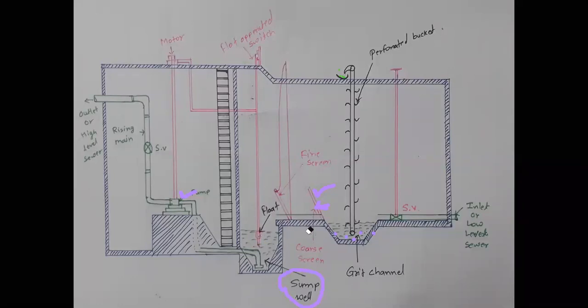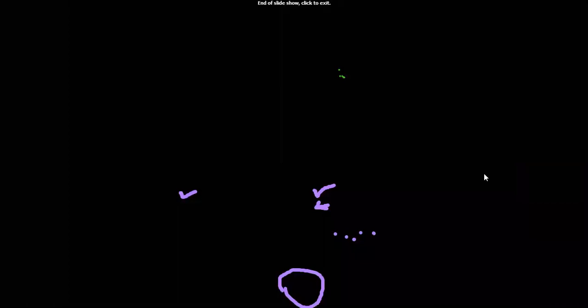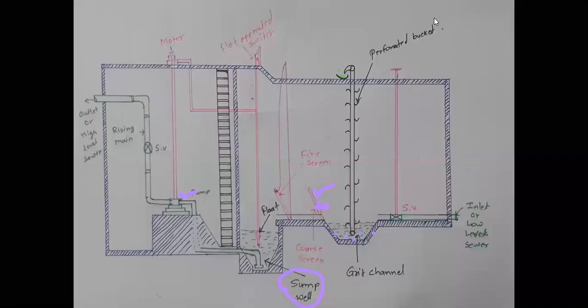That is nothing but the float, and it operates with the level of water. If the level of water gets reduced, the float will go down. Let me show you. Okay, here is the float. If the level of water increases this way, in that case the float will go up.